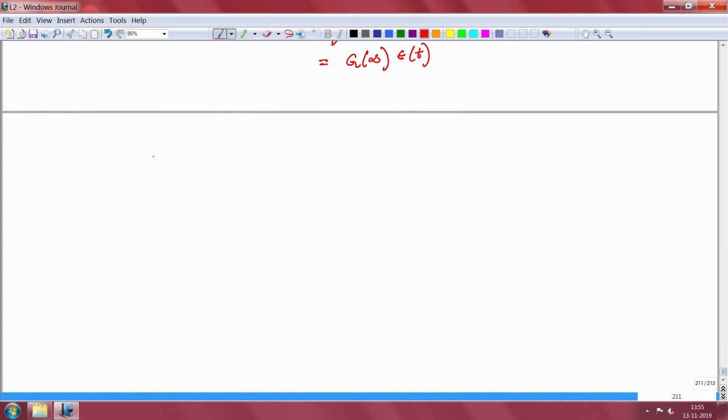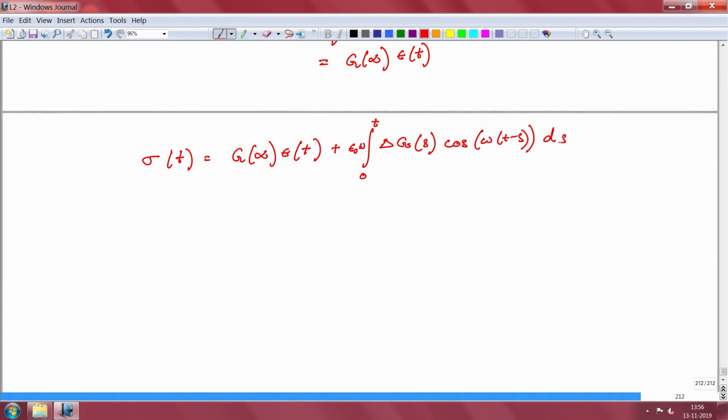So, we have now sigma of t equal to g infinity epsilon t plus the integral, with epsilon naught omega, 0 to t, of delta g of s cosine of omega t minus s ds.